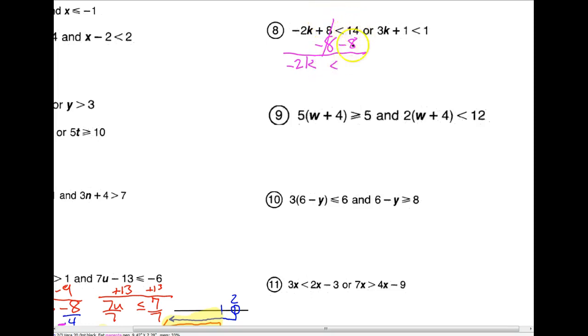And then you subtract these, and you see what you get. You just do the subtraction. 14 minus 8 is 6, right? No problem. Then you divide by whatever's in front. So we divide by negatives, switch the sign, and you get your answer. This works really, really well when you use this format.